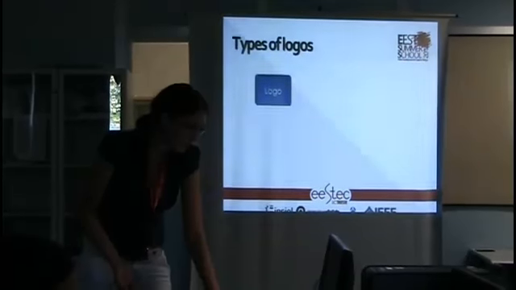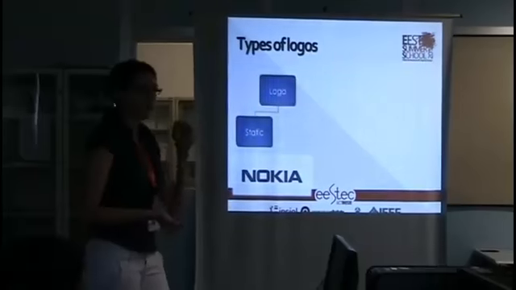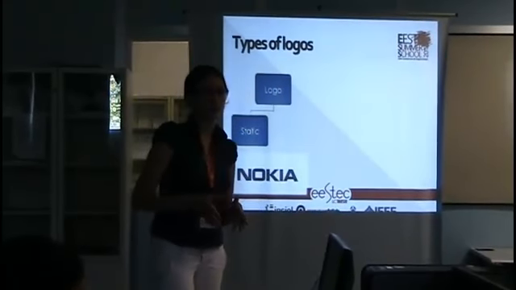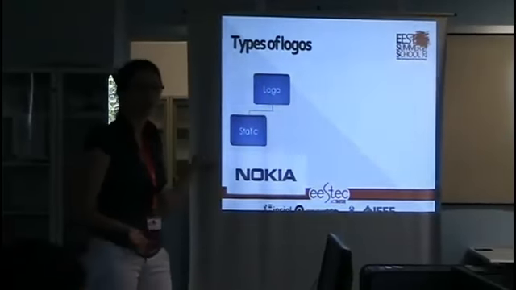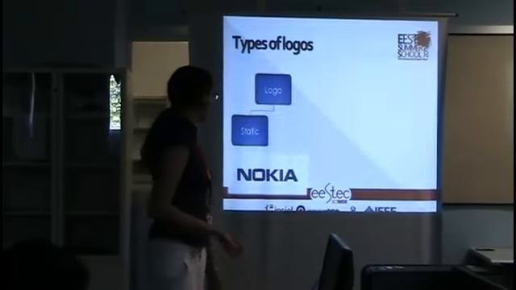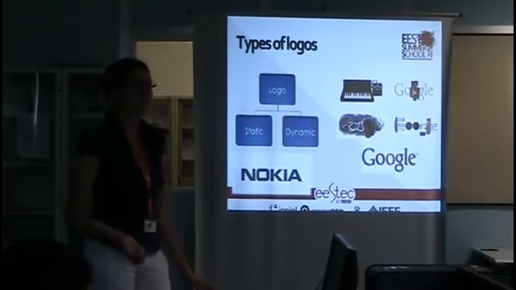And the second classification is static logos. That's the logos that stay the same no matter where they are, either on the website or on the phone, like Nokia here. And we have the dynamic logos, of course, which is Google.